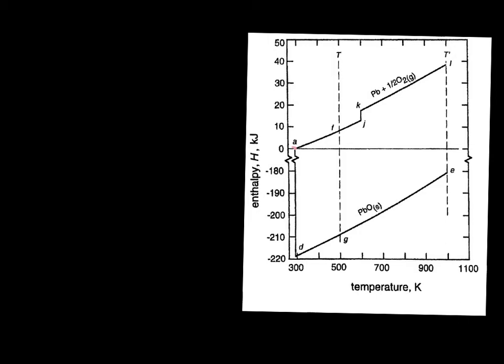So again, it's 0 at 298, and then this line here is for lead plus 1/2 O2. So this is adding up the enthalpies of the reactants, and then down here we have the enthalpies of the products. We know, or can find, an expression for this pink line from the heat capacities. We can find, and I wrote it on the previous slide, the expression for this green line.